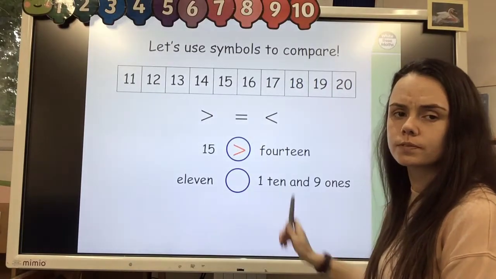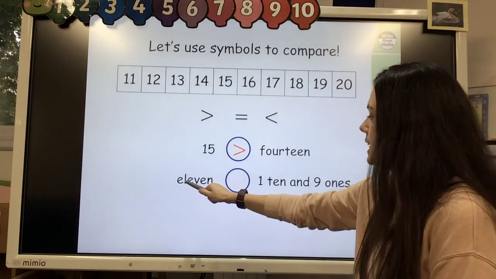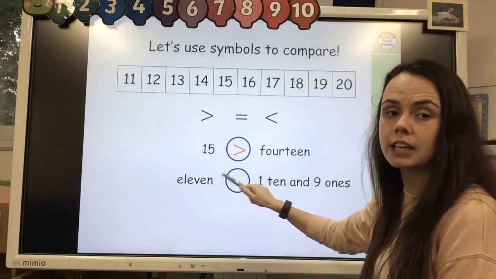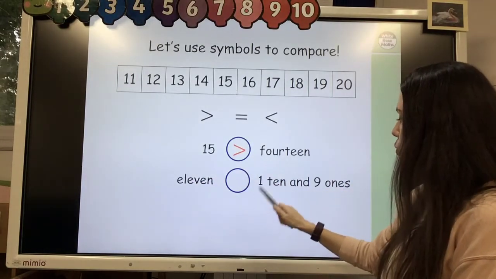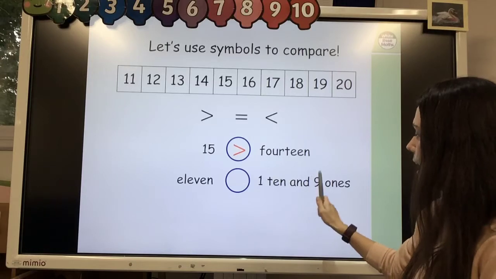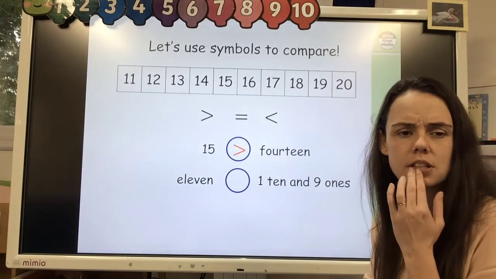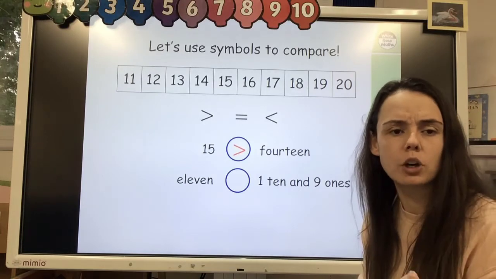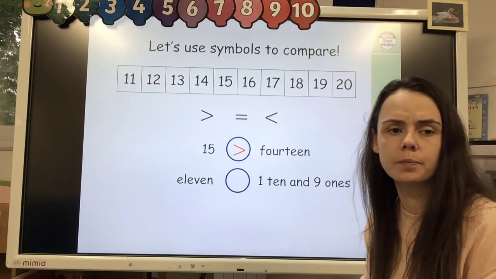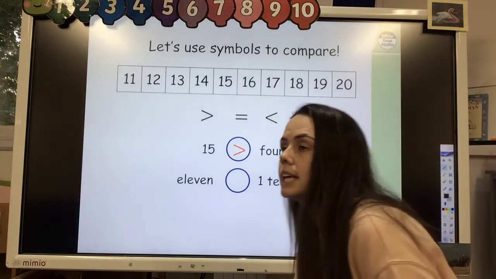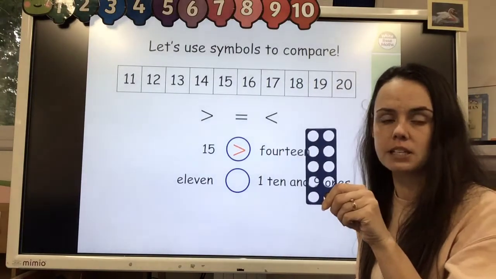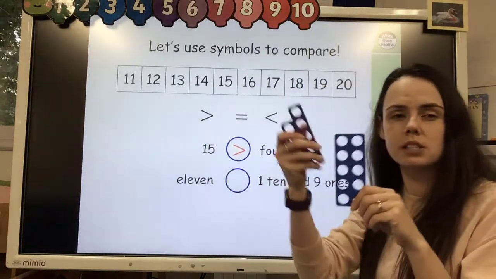Next one. Another word. 11. Is it bigger or smaller than 1 ten and 9 ones? What's 1 ten and 9 ones? Can you get your Numicon and try and work it out for me? I'll get mine. So 1 ten is a 10 piece and 9 ones.